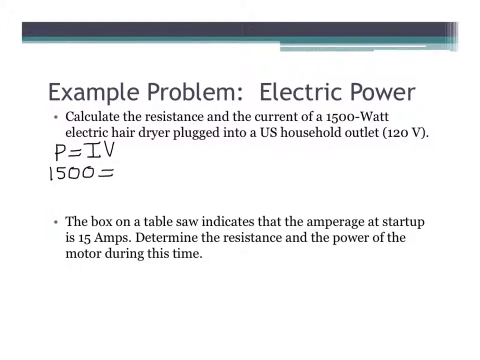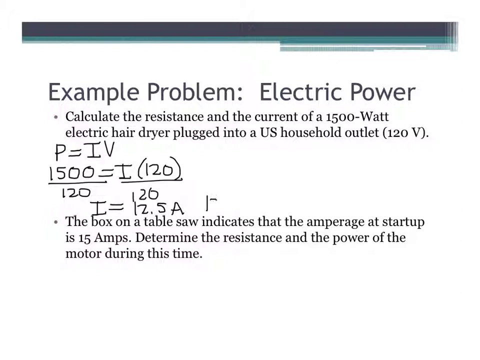We don't know the current that flows through this hairdryer, but we do know we're going to plug it into a 120 volt outlet in the US. So if I do some algebra here, divide both sides by 120, I find out that the current that flows through this hairdryer is 12.5 amps, which should probably only have two significant figures because that's all we had in our problem, so 13 amps.